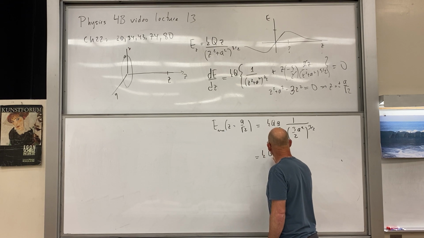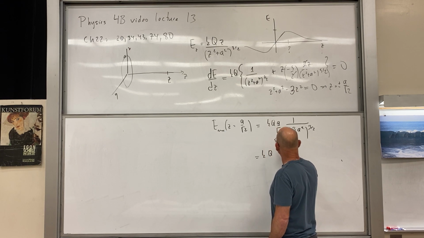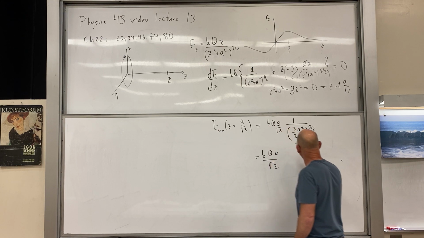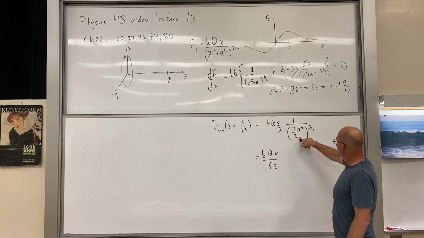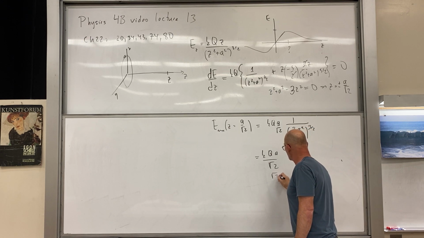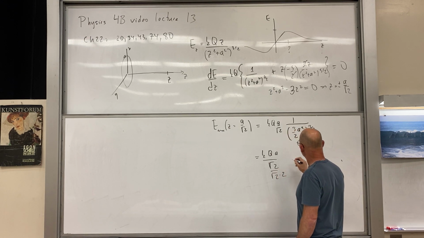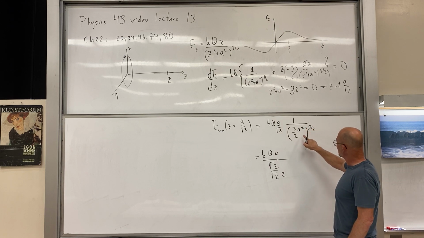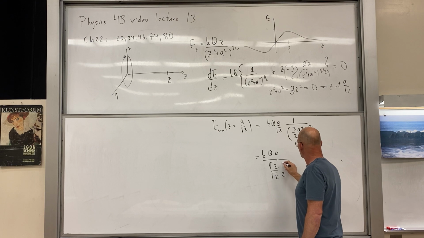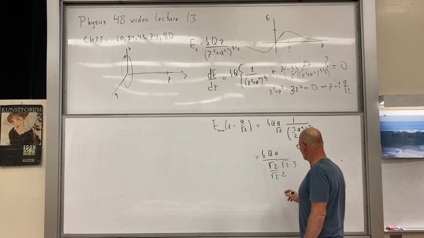kQ, a, we've got root 2. We've got root 2 cubed in the denominator here, so root 2 times 2. And then here we've got root 3 cubed, so root 3 times 3, this goes away.